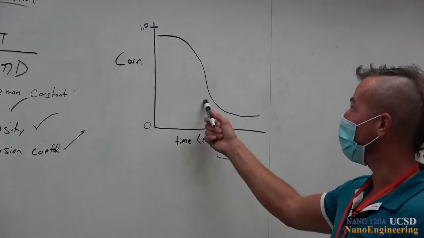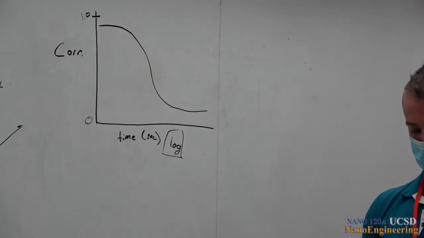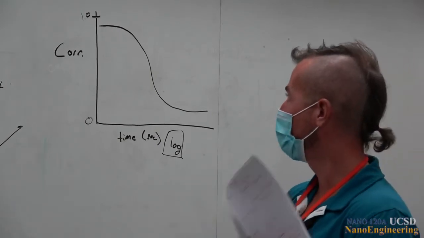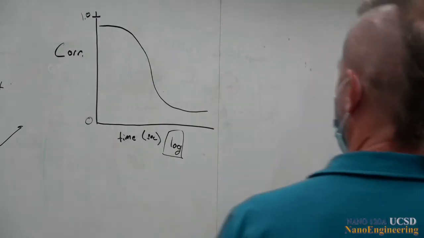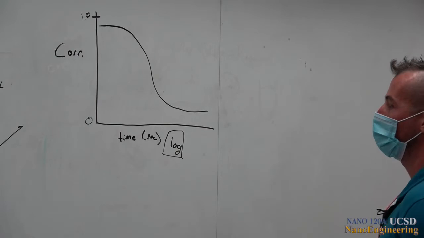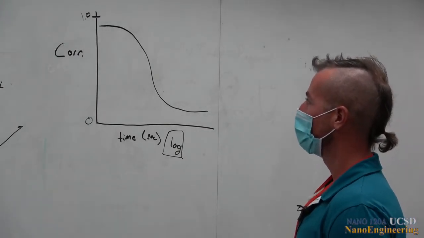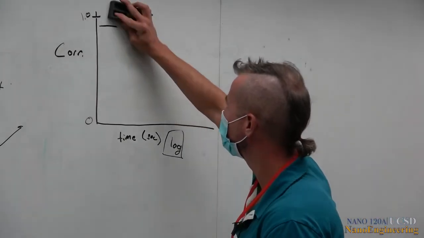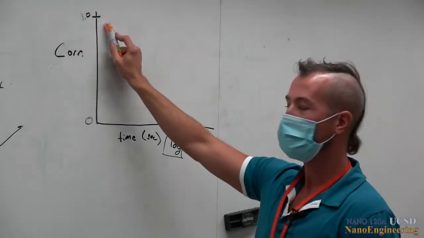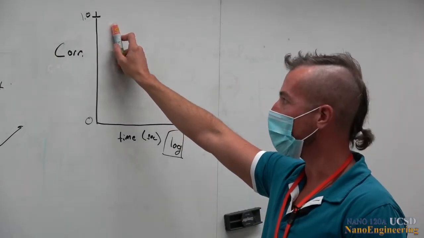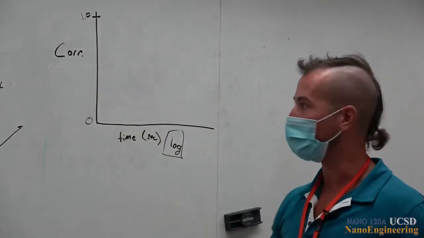Okay, so is this the big or small particle then, the way I drew it? Well, what do we know? The first thing we know is that a big particle is going to correlate longer, right?